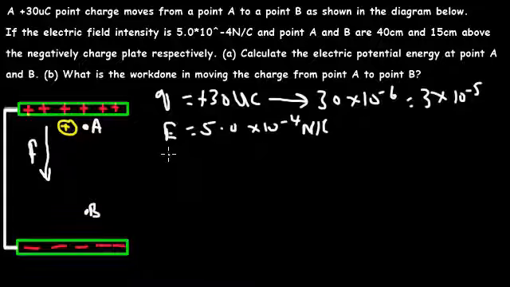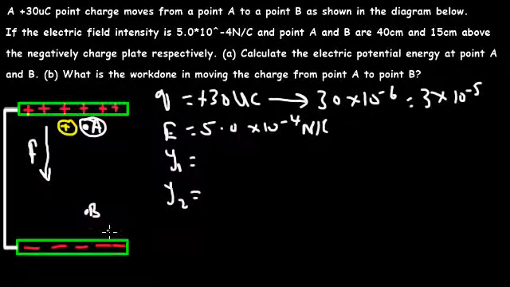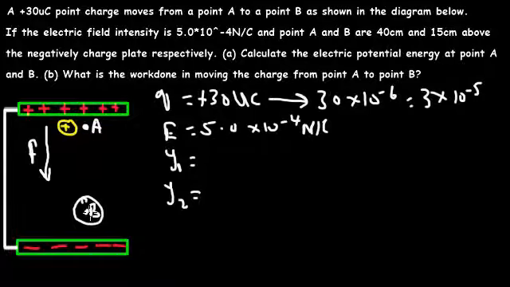Now, remember, we need Y1 and Y2, where Y1 is the distance between the first point, the farthest point, and the horizontal plate, while Y2 is the distance between the other point that is closer to the horizontal plane. So, do you know how to interpret the statement: 40 centimeters and 15 centimeters above the negative charge plate respectively?